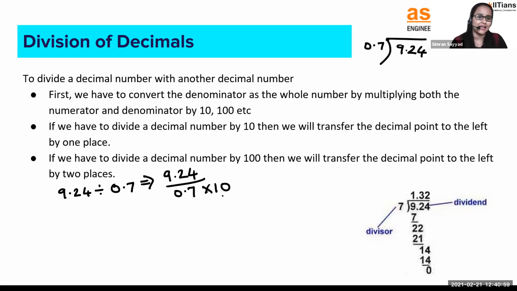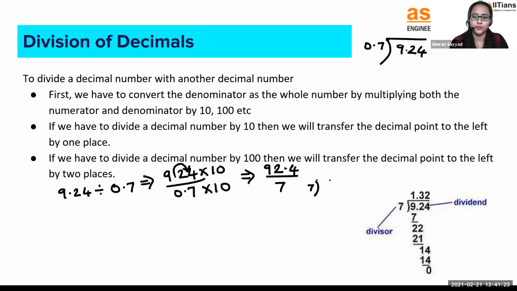If I multiply 10 to my denominator, I also have to multiply with the numerator. Yes or no, dear students? So the denominator will be 7, and in my numerator also the decimal is going to shift, so I will be getting 92.4.